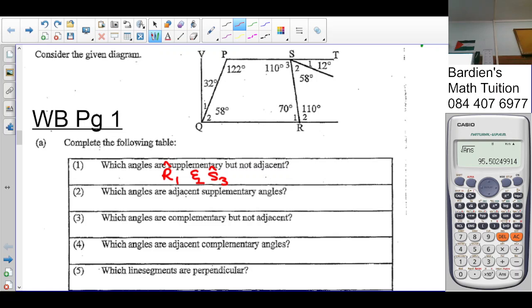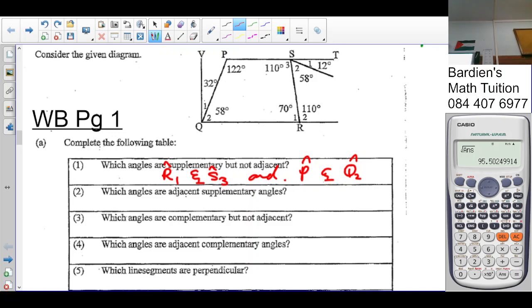Why R1? R1 is 70, S3 is 110. They add up to 180. And there's another one. Angle P and angle Q2, or RQP or PQR. Not so? Right.